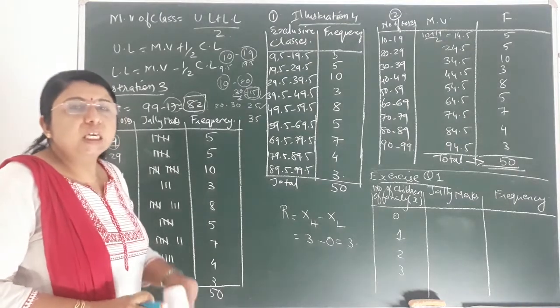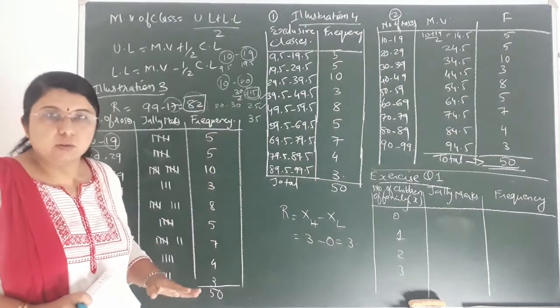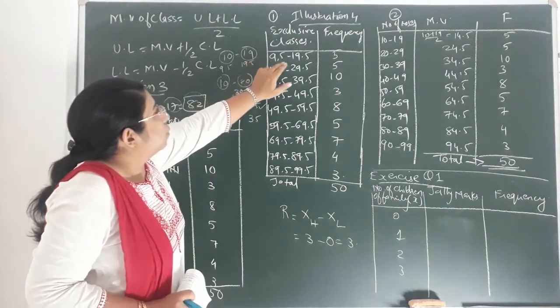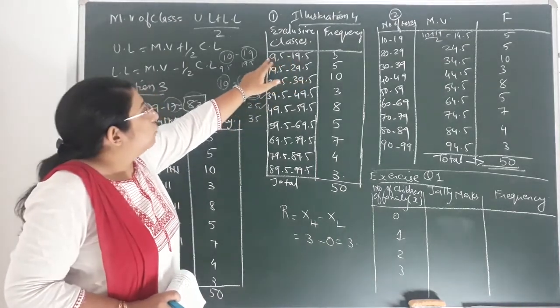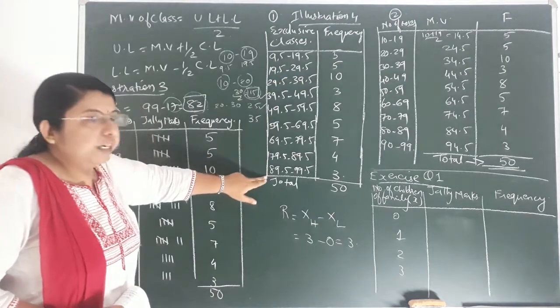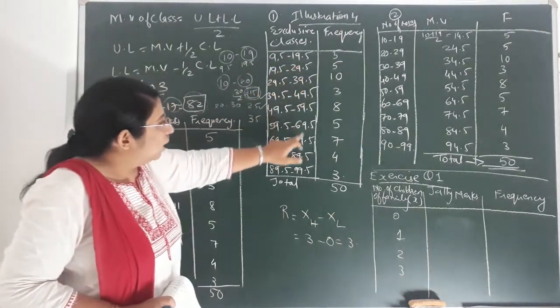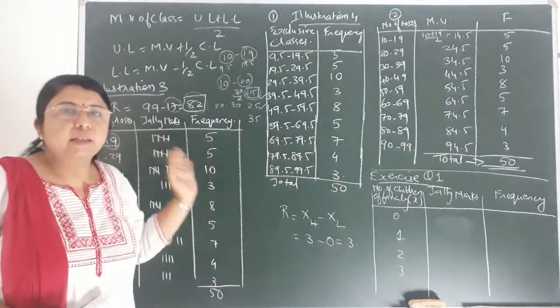Okay, so this is a very easy method instead of applying the formula for each and every class. So the first class would come to 9.5 to 19.5. From each and every lower limit we have to subtract 0.5, and to each and every upper limit we have to add 0.5. So easily you will get the exclusive data from the inclusive data.